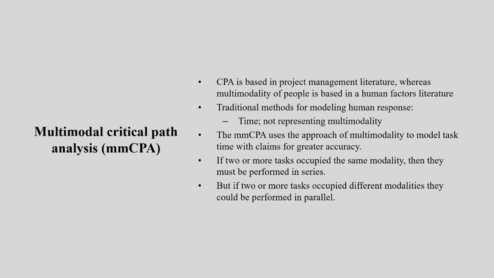If two or more tasks occupy the same modality, then they must be performed in series. So which one is to be performed after which, the sequence specification, how do we do that? Using this type of tool, we may get an idea. But if two or more tasks occupy different modalities, they could be performed in parallel.